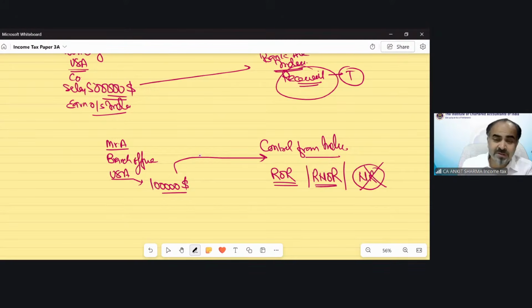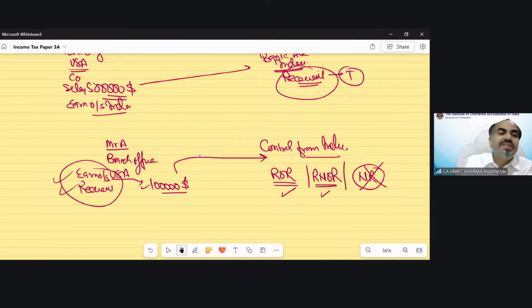So if any business is controlled from India and you are earning from that business directly or indirectly, that is going to be taxed if you are a resident and ordinary resident, or resident and not ordinary resident. So if in the question it has been mentioned that the business has been controlled from India and you are earning income outside India, the business is running outside India, so the earning is outside, and even this 1 lakh rupees is received outside India in the bank account.